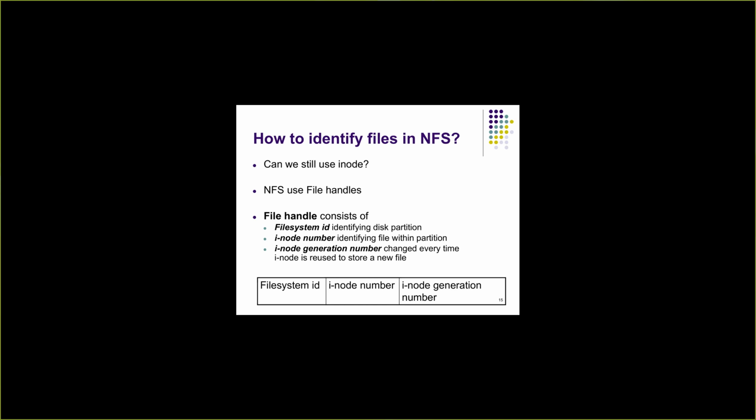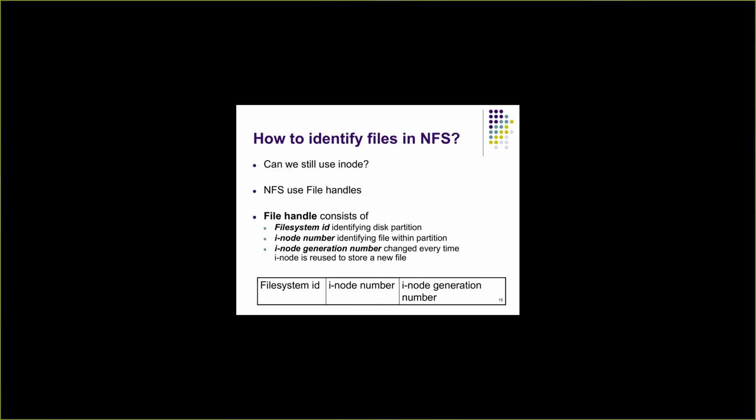And let's say one of the clients deletes the file, and the other client is still using the file handle. Okay, it is not making any RPC calls, but it still has the file handle. So let's say one client deletes the file and creates another file. Okay, and let's say since the inode is free, it uses the inode for another file.